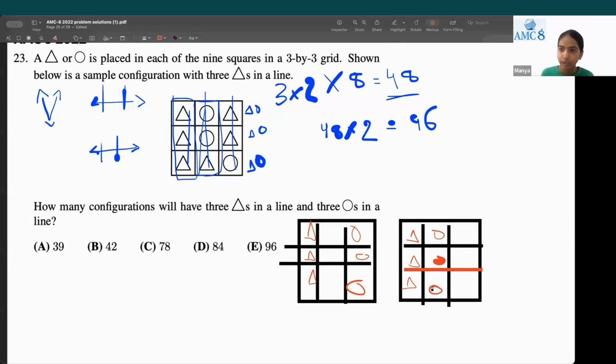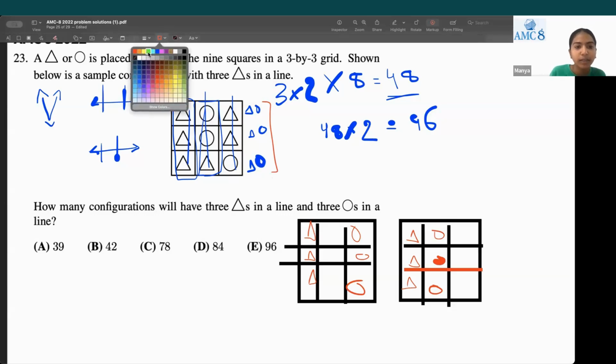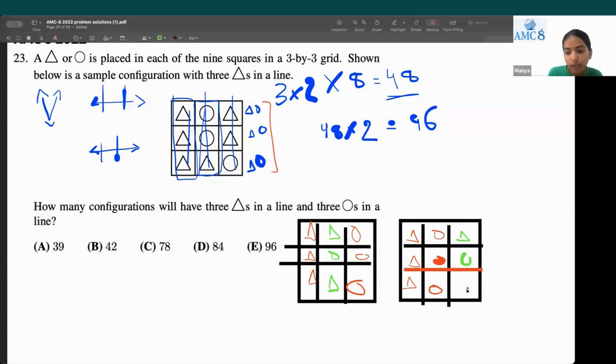Now, how many possibilities are there to arrange these two? In this one, we know that there are 8 different possibilities. Suppose that this can be, in a different color, triangle, circle, triangle, and this can also be triangle, circle, triangle.